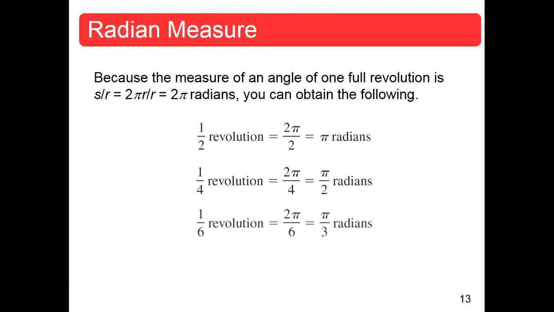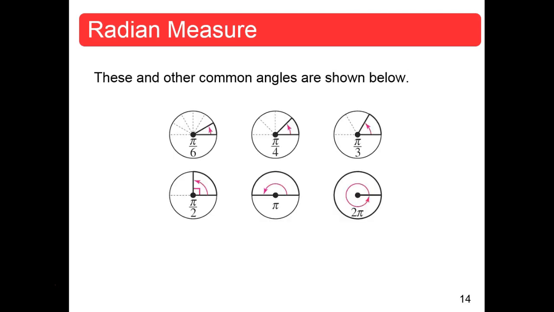These are some really handy radian measures to keep in mind. These are going to be our favorite of all time angles, okay? And you will get used to them, okay? Used to seeing them. So here's the illustration of that. That would be pi over 6, that would be 1/12 of a complete circle. That's pi over 6.